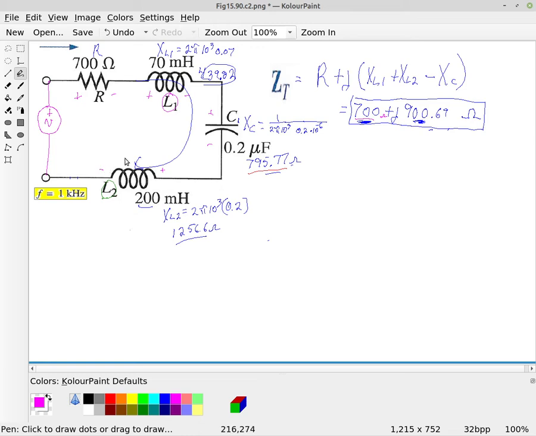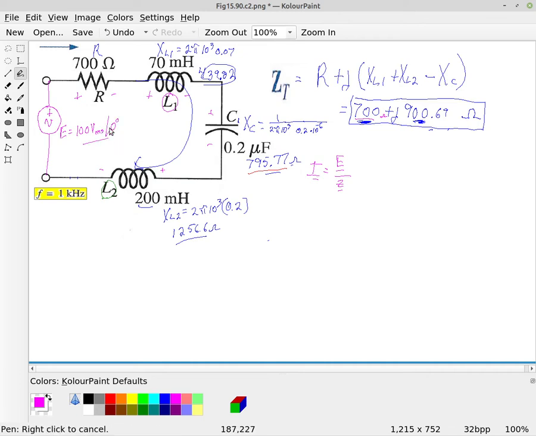So to do that, we can calculate using Ohm's law. We could calculate the current. I is going to be our voltage divided by the total impedance. So let's just say that our supply voltage here is 100 volts RMS, okay, at an angle of 0 degrees.